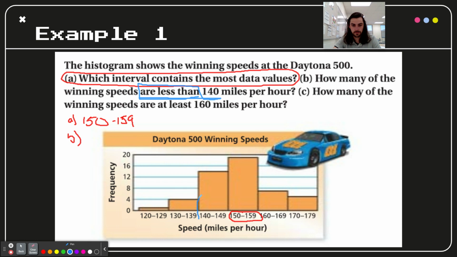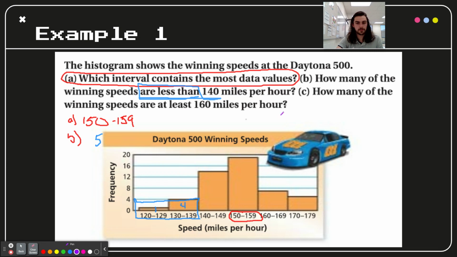So we are looking at that blue area. So 139 or less is what we're going to be looking at. So this is 4, and this is about 1. So 4 plus 1, we have 5.